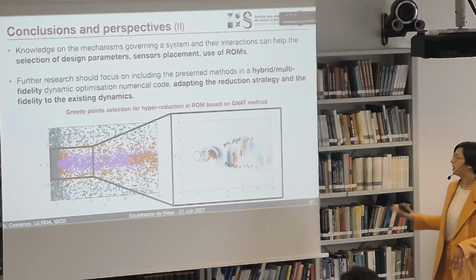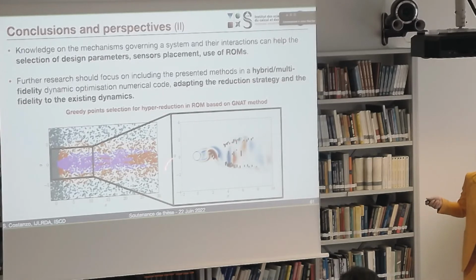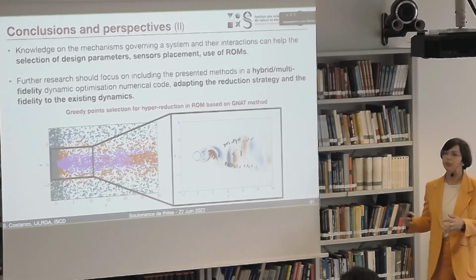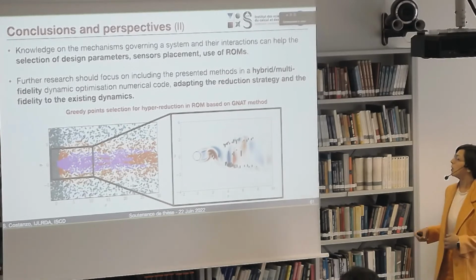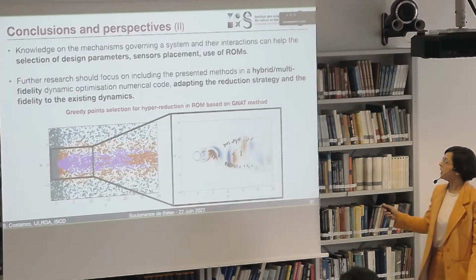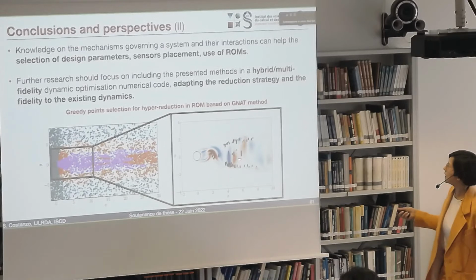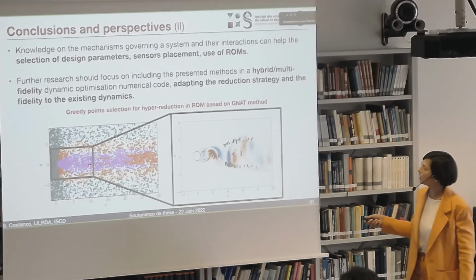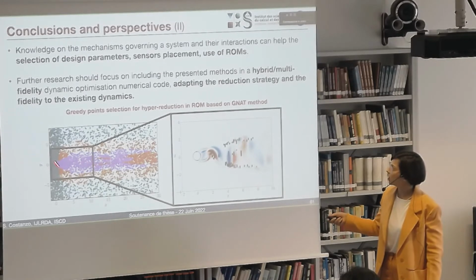So we have an algorithm that selects these points according to the region where the nonlinearities are more frequent, we could say, where the linear projection doesn't work very well. So here, if we compare the two, we can see that the points are actually selected in the nonlinear region.